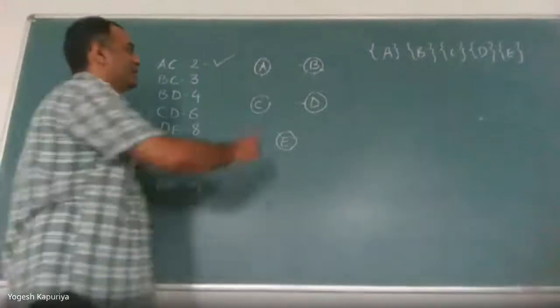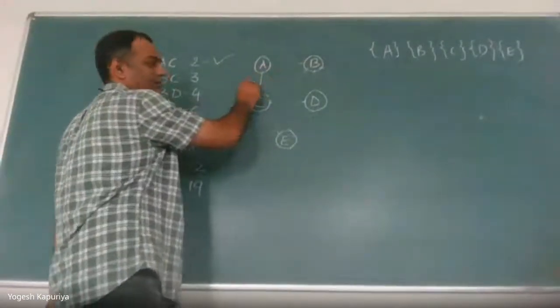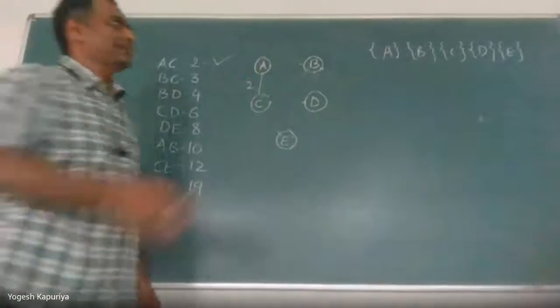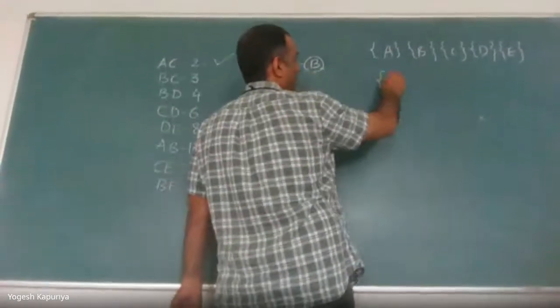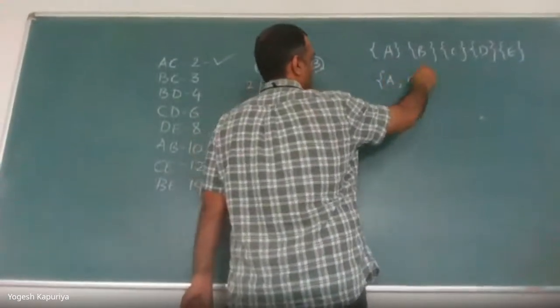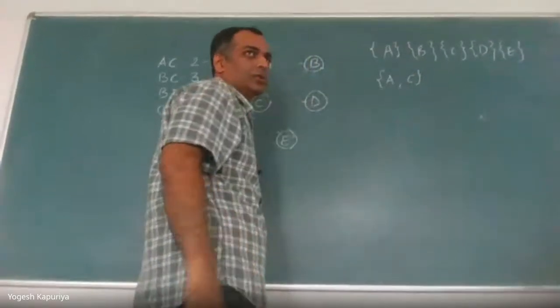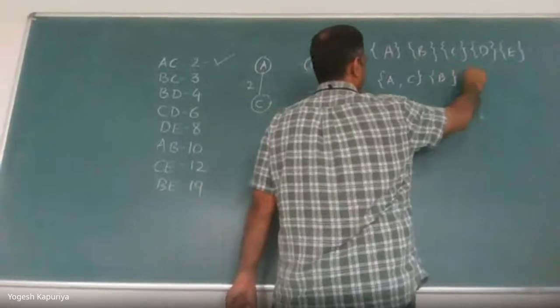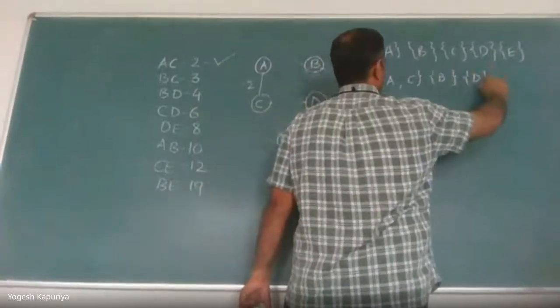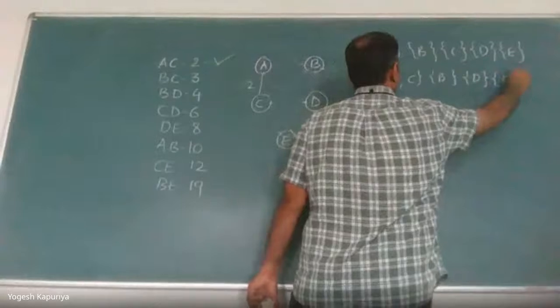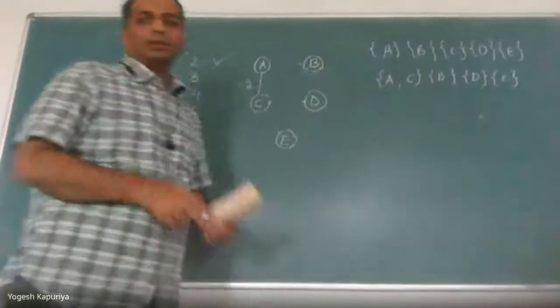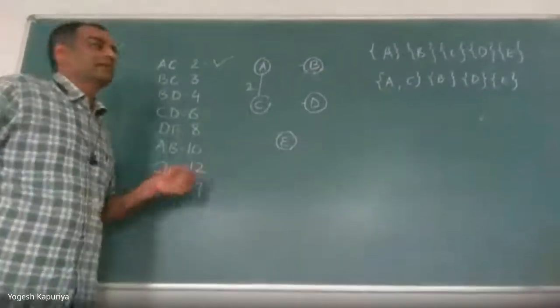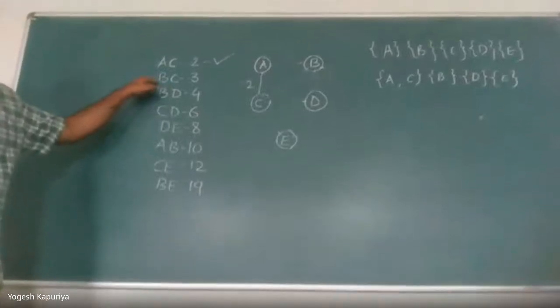So visually I will connect it, and in set theory I will simply make a union of these two. So now my A and C will belong to a single set, and B, D, and E.